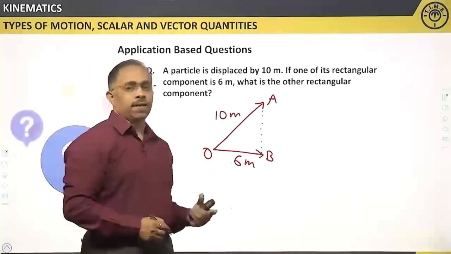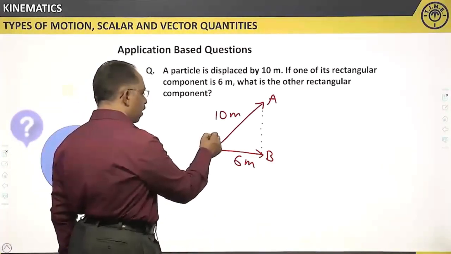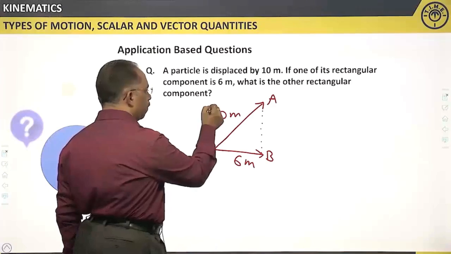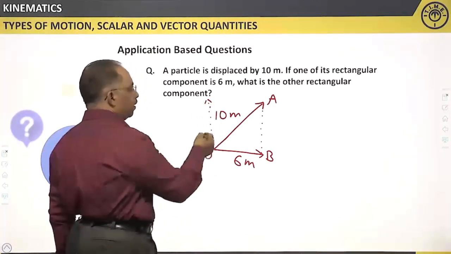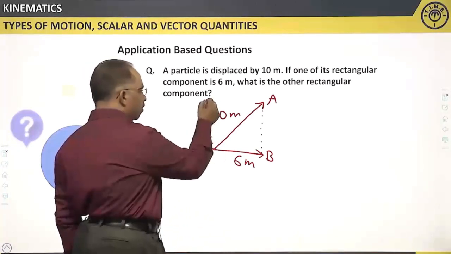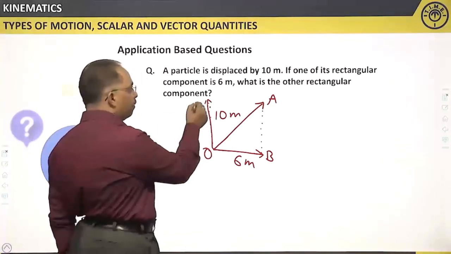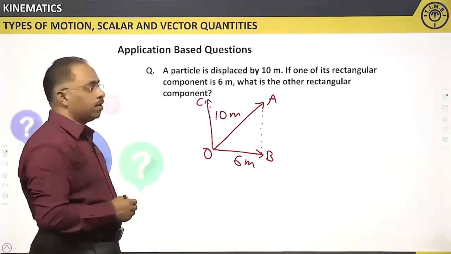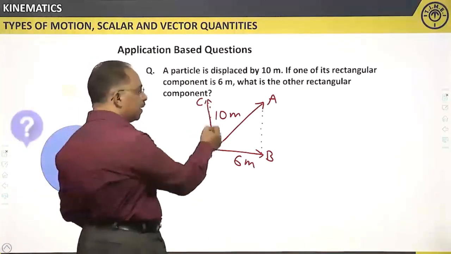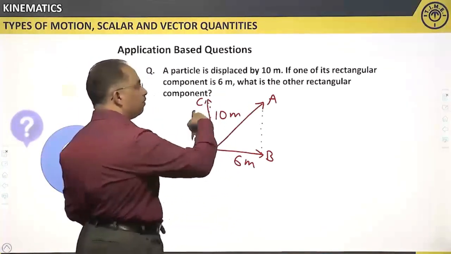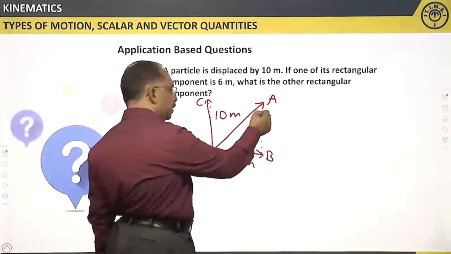One component I have taken. For another rectangular component, I need to split this. I will take the other component vertically, drawing a straight line. I want the value of this, so let me mark it as C. OC and BA both will be equal because this is a rectangular component. OBAC forms a rectangle.